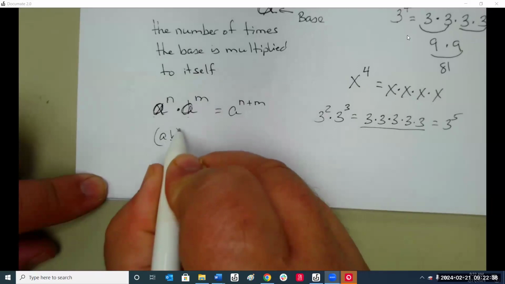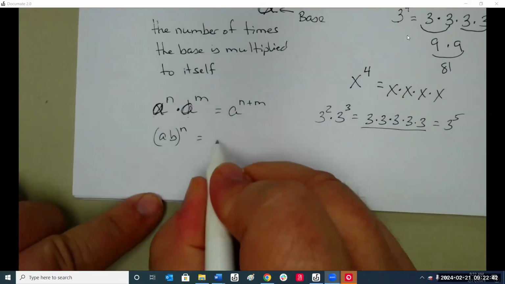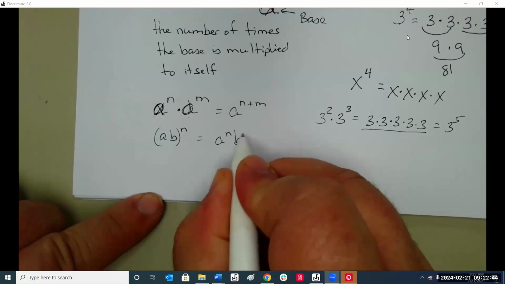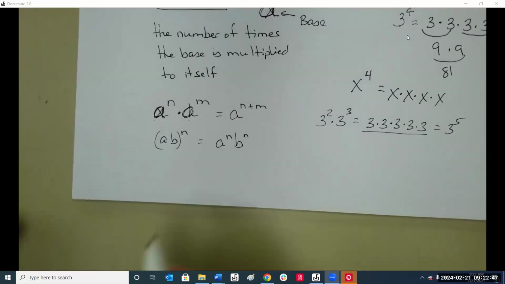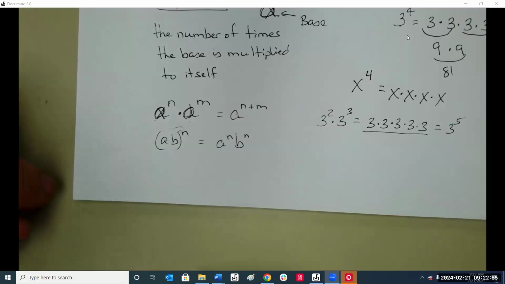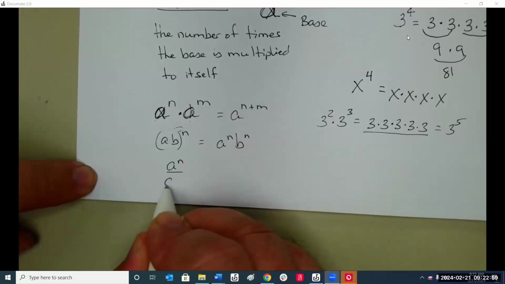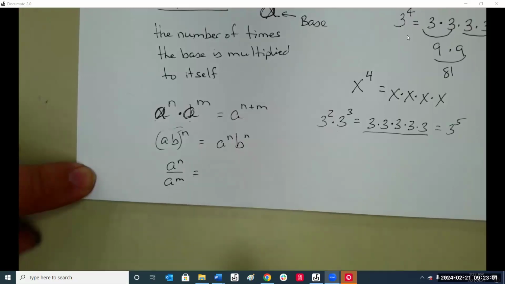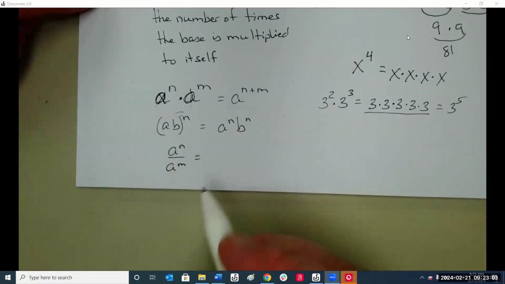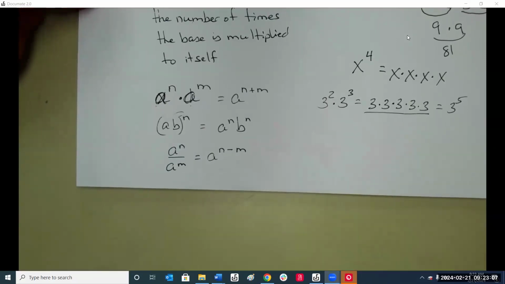If we have 2 numbers raised to the same exponents inside parentheses, we can distribute those. If you have fractions in the same bases, whatever's on top minus whatever's on the bottom.